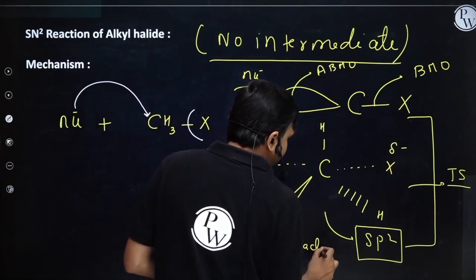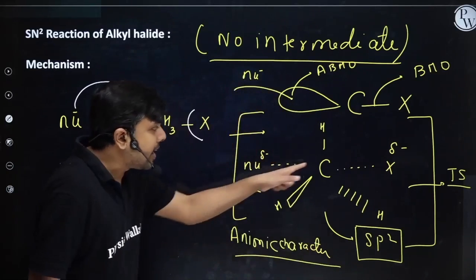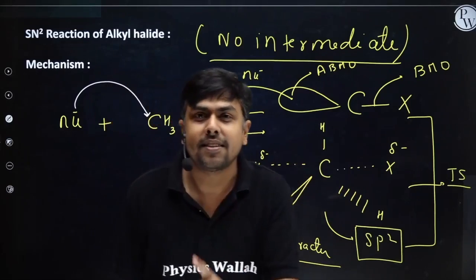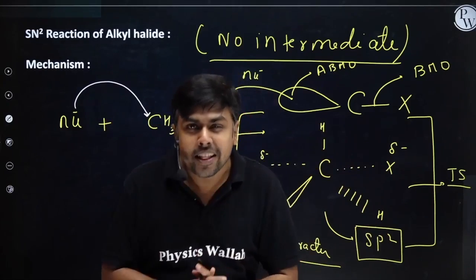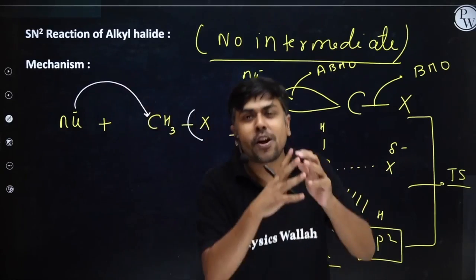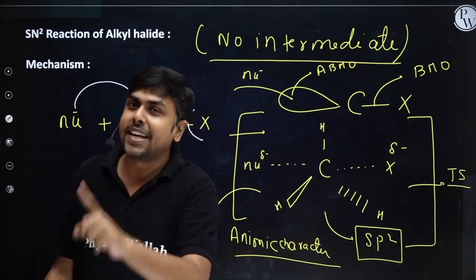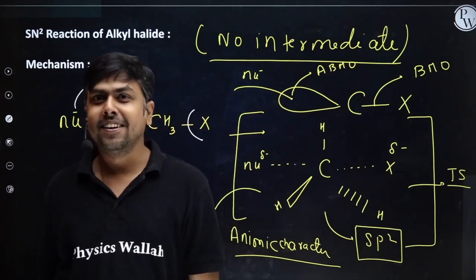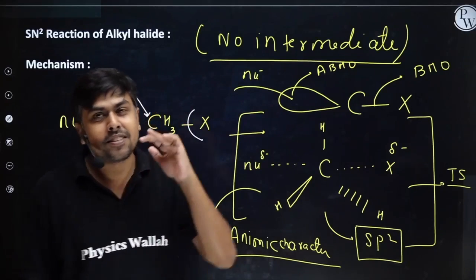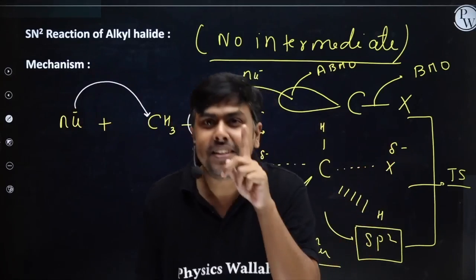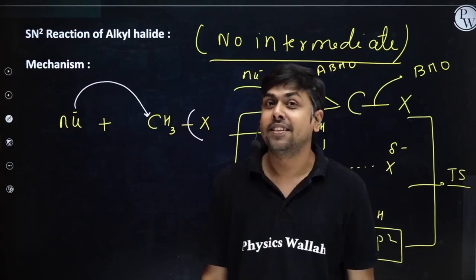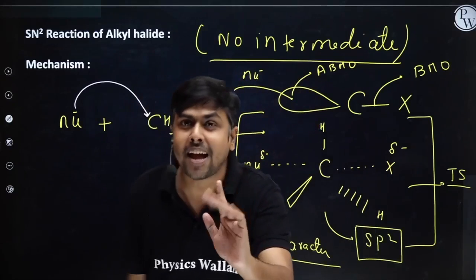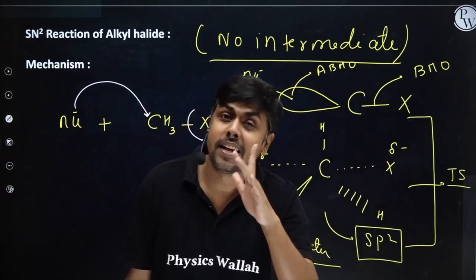So if any electron withdrawing group is attached to the carbon, can I say the stability of this TS will increase? To an anionic species, if an electron withdrawing group is attached, the stability increases. Am I clear? And if the stability of this TS increases, obviously the rate of reaction will increase. So in the SN2 reaction, if an electron withdrawing group is attached, the rate of reaction will increase.